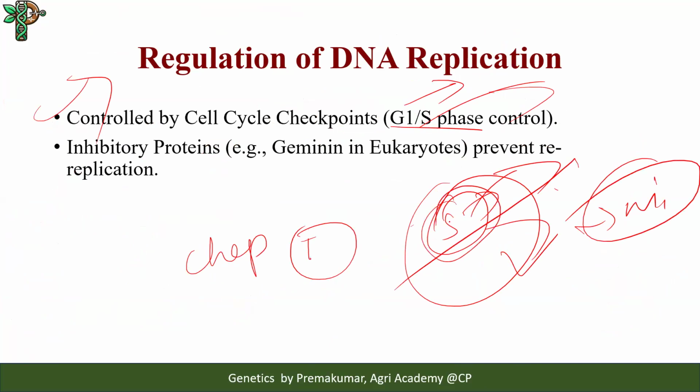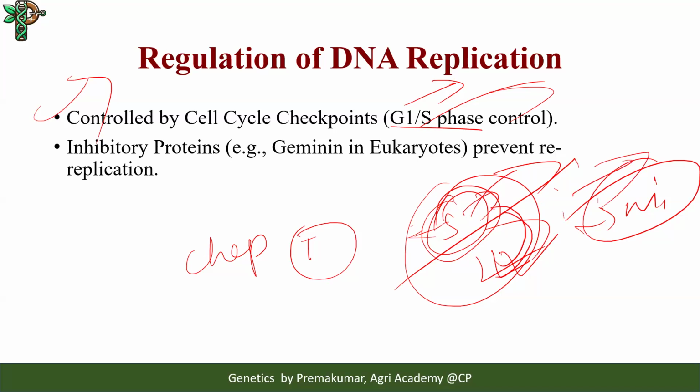Only after proper replication will the cell cycle continue. There are several cell cycle regulation mechanisms asked many times in this exam, but it's not that much required for us. You just remember there are several checkpoints to regulate whether proper DNA replication is happening in the cell or not. One such checkpoint is the G1 S phase control checkpoint.